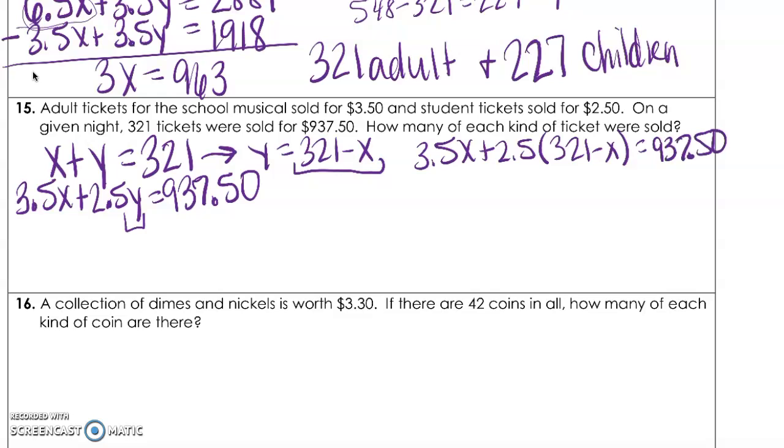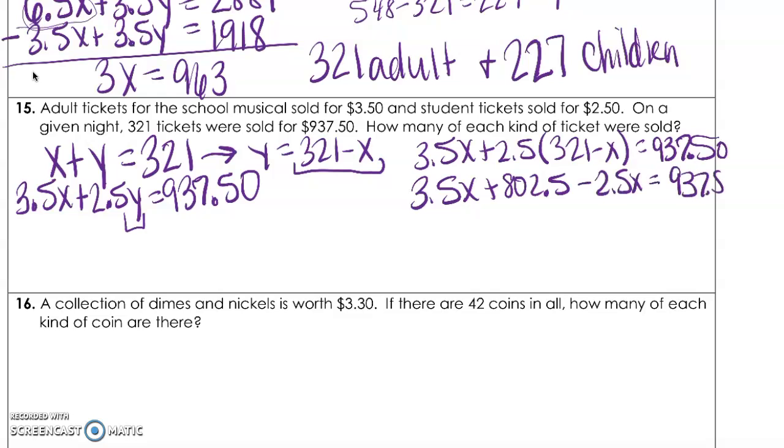Again, to me, this is just much more work than if I would have multiplied and done elimination. So 3.5x plus 2.5 times 321 gives me 802.50. So 802.5 minus 2.5x equals 937.50.